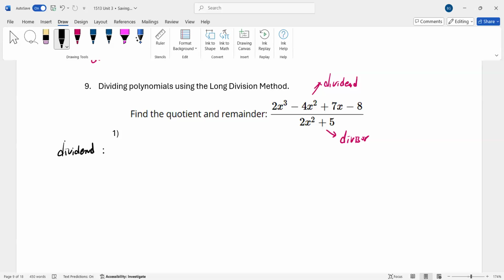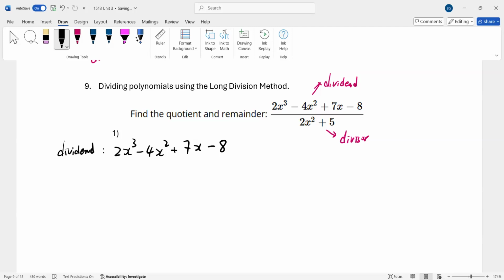And so the dividend has a degree 3. Remember, 3 plus 1, 4, is supposed to be the number of terms in the dividend in the polynomial in the standard form. Since the numerator has 4 terms, 1, 2, 3, 4, and it's in descending order of the exponent, 2x cubed minus 4x squared plus 7x minus 8.